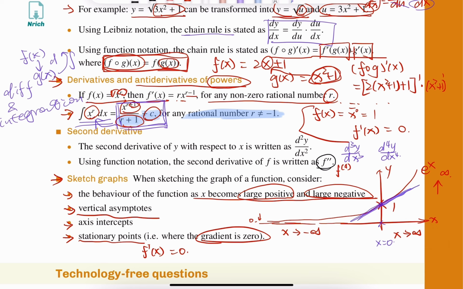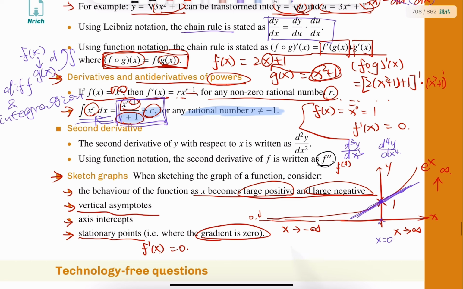And this line actually represents the derivative at this point. So if the derivative is 0, or you can say the gradient is 0, which is just flat, okay? If you have a tangent which is flat, then you have a stationary point.